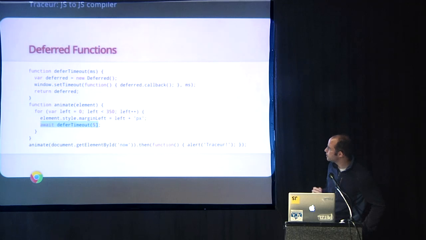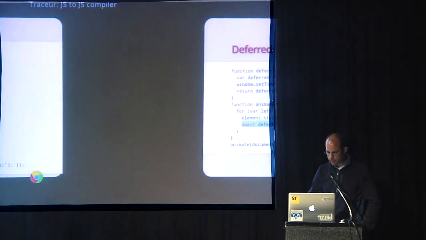Any function that contains an await, when you see an await of an expression, it says evaluate that expression, and then attach the continuation of the function I'm currently in to the end of that deferred object. Then I return a new deferred object to my caller. So semantically, this is doing exactly what was happening in the previous slide.